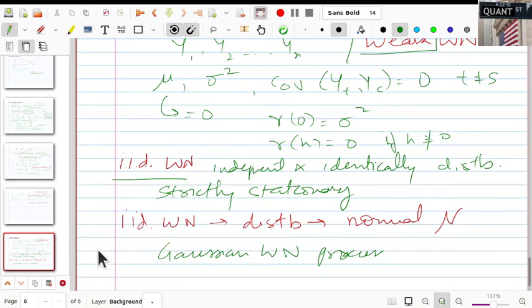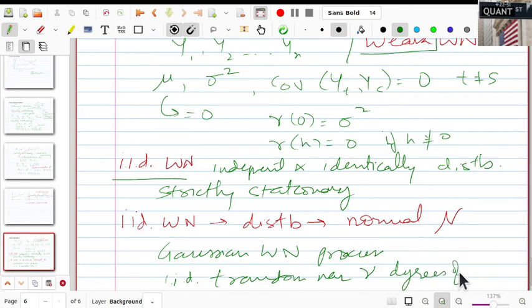And finally, if these observations are IID t random variables with v degrees of freedom, then this is called a t-v white noise process.